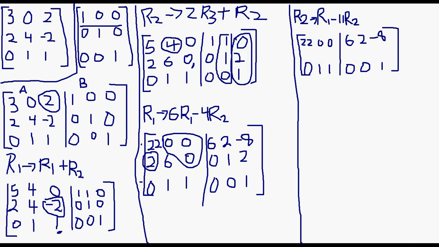So now we are multiplying. So 1 here is 22. 11 times 2 is 22. So we are getting here 0. So 1 here is 0 minus 11 times 6 will give us negative 66. Negative 66.